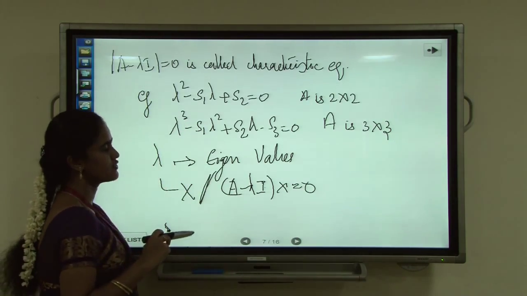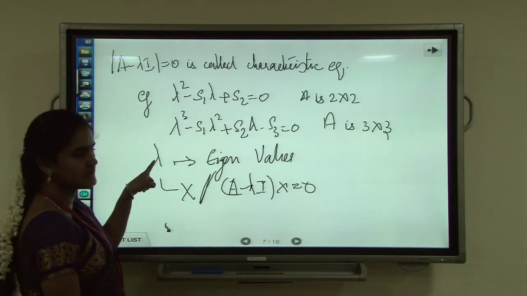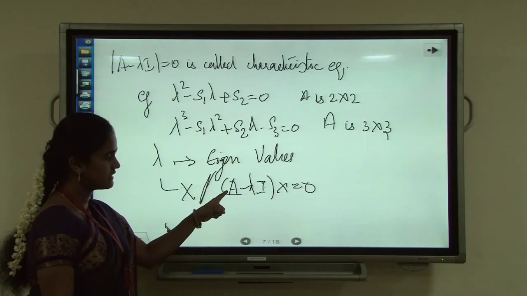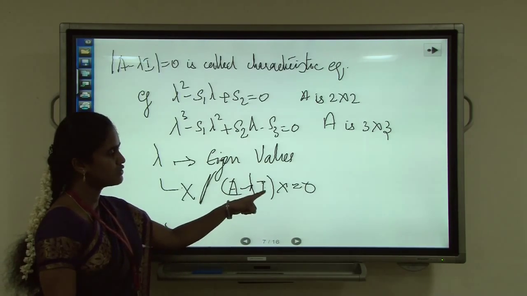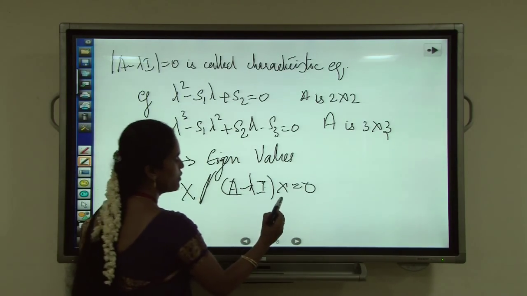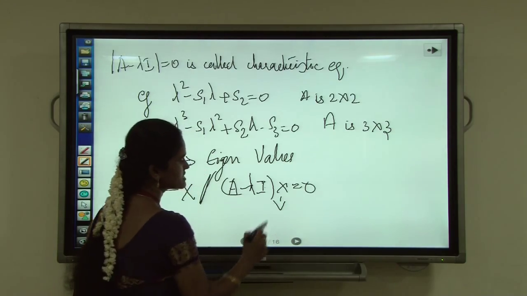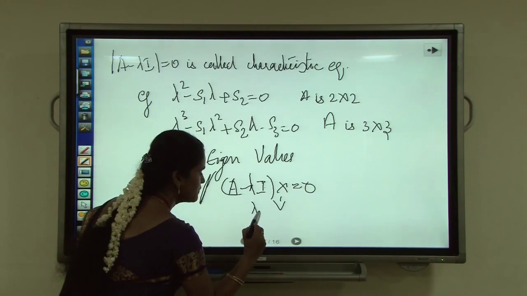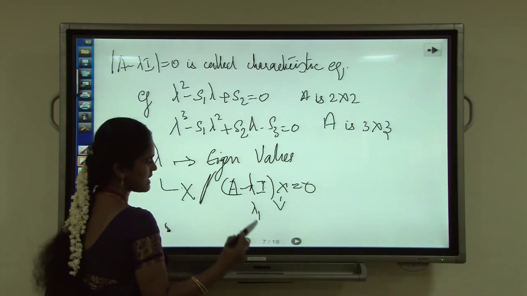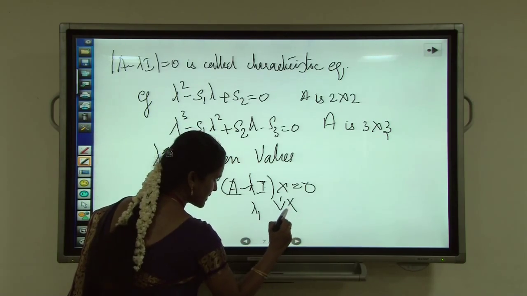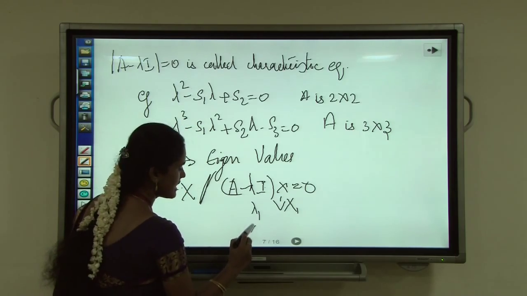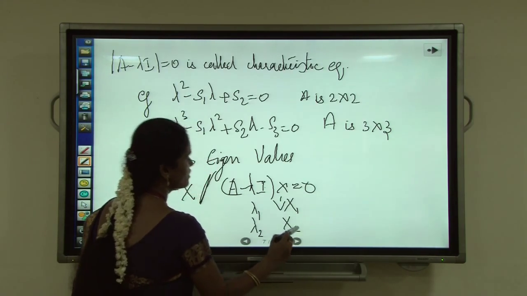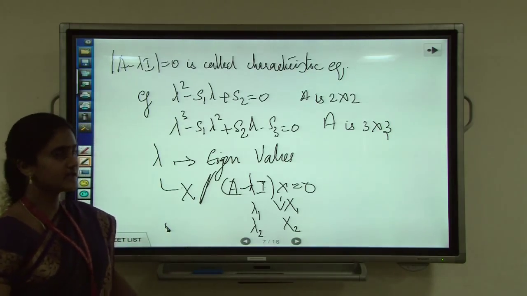For every eigenvalue lambda, there exists a capital X, where you can find what the vector is. So for eigenvalue 1, we call it lambda 1, there exists vector x1, and for lambda 2 there exists vector x2. Like this you can keep on adding.